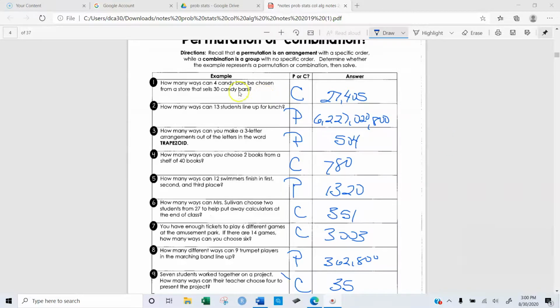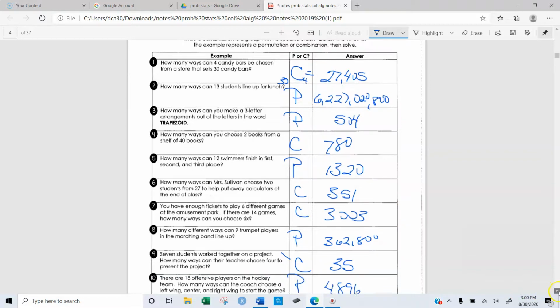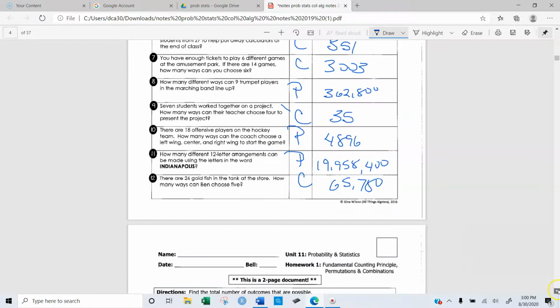So this is a combination because order doesn't matter. When you put the combination in here, I would like to see the 30 and the 4 and then the answer at least. If you plug it into the formula and you make a silly mistake, you'll get more points. So if you show the formula work, that will help you out. Make sure you do that on all of these. And I hope you did well.